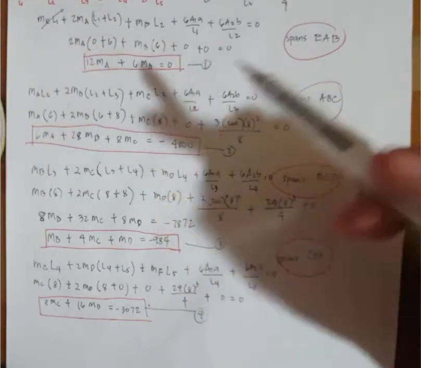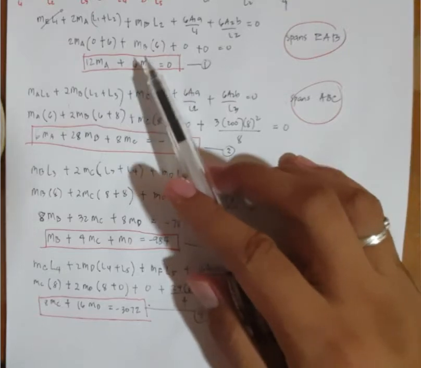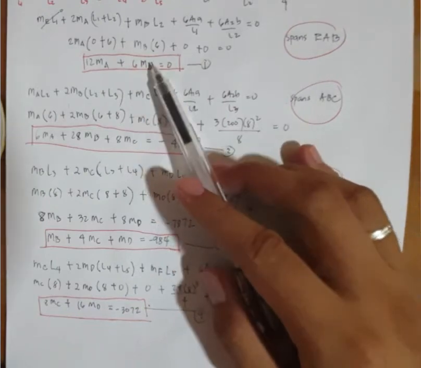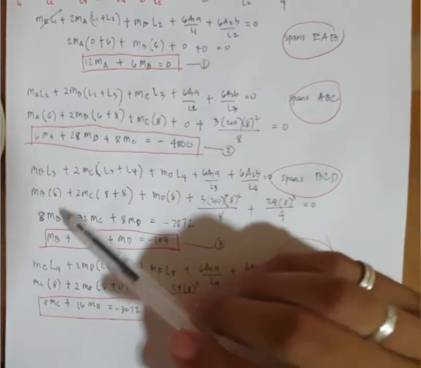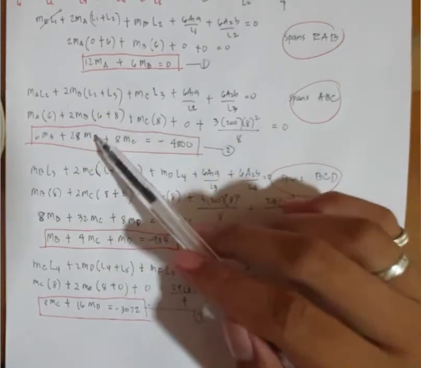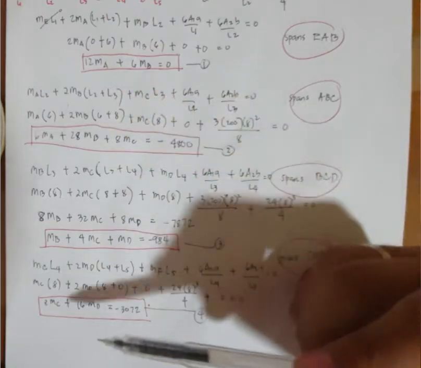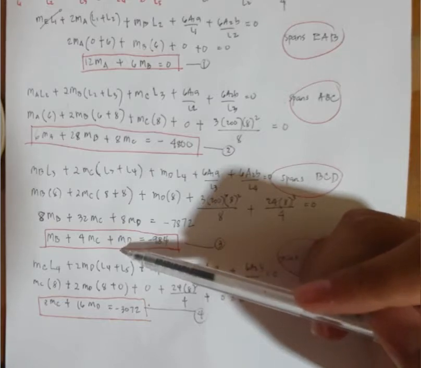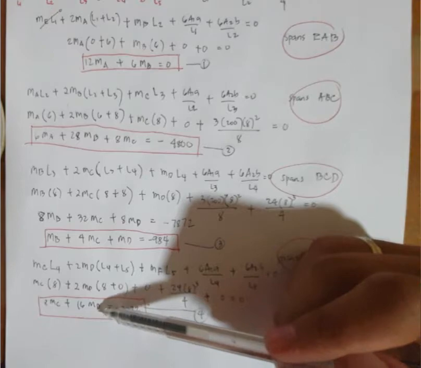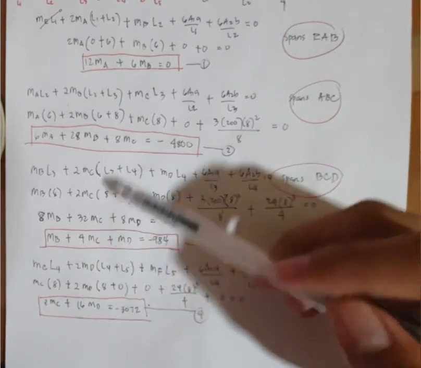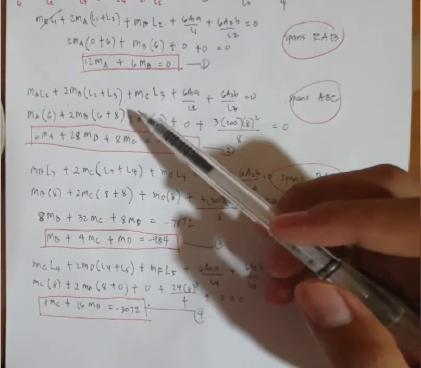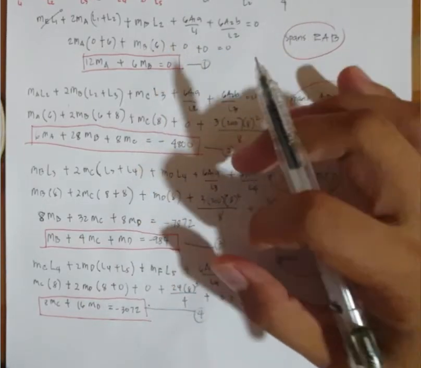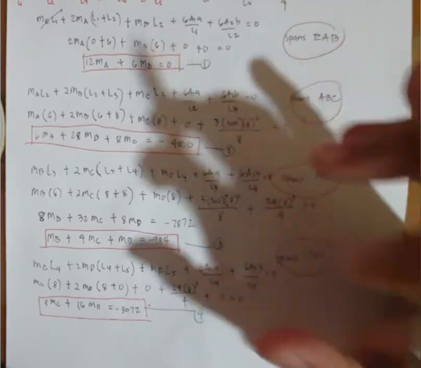You understand. So for example, this one, we can already get MB, since MB is present in almost all of them, so we can't eliminate it. MD is also present in two, so it can be eliminated, in terms of MC, since MC is present three times. So algebraically we constrict it into 3 equations.